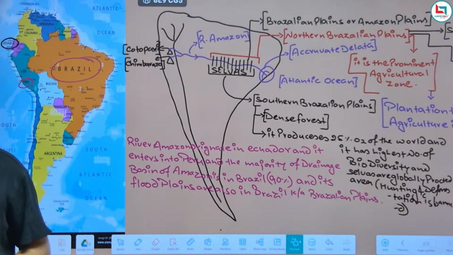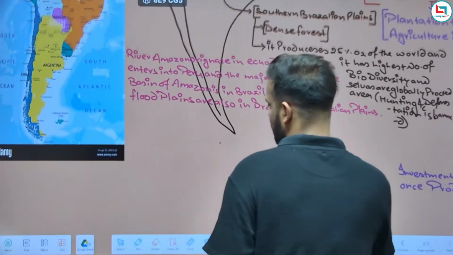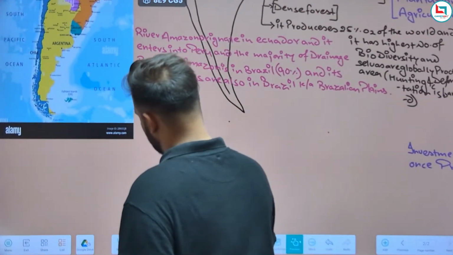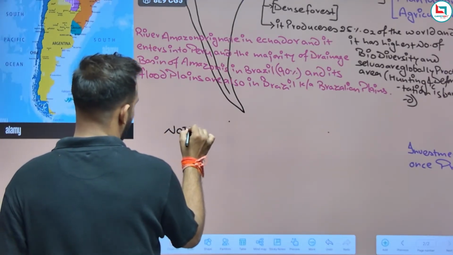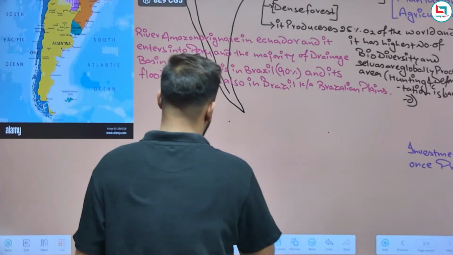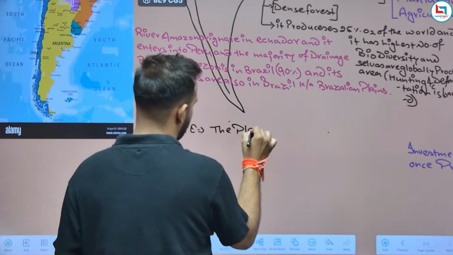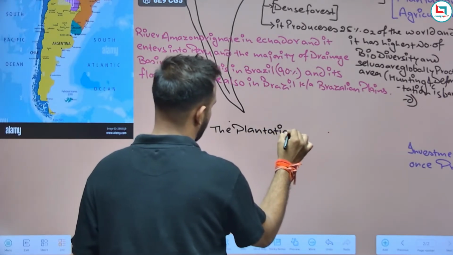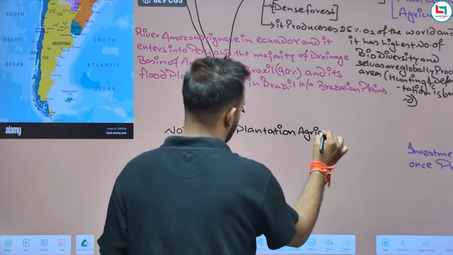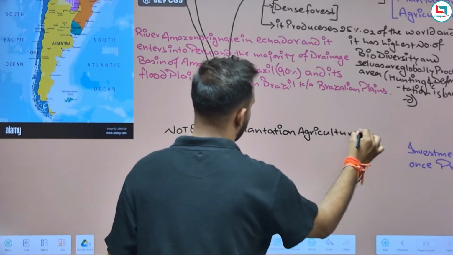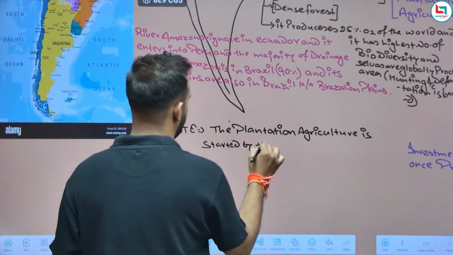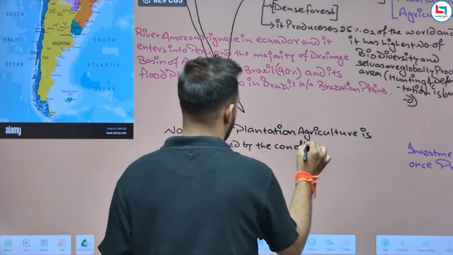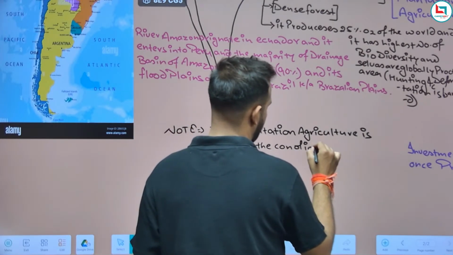Let's remember one thing. Plantation agriculture was started by the colonial power. Write down: the plantation agriculture is started by the colonial power.